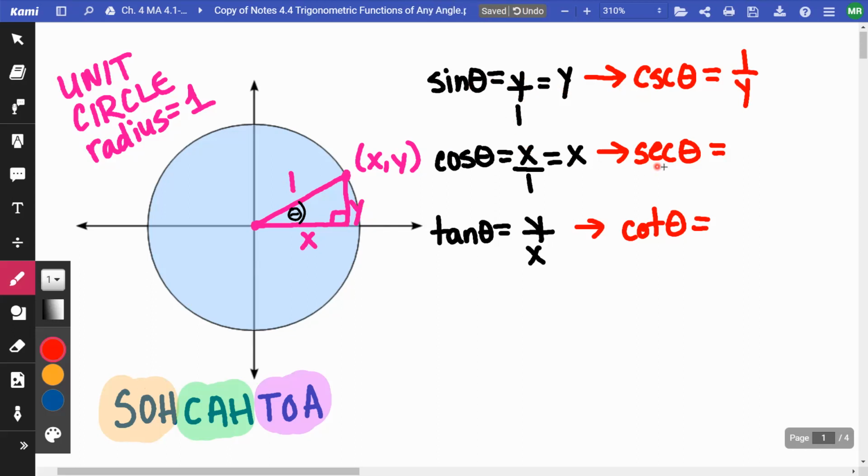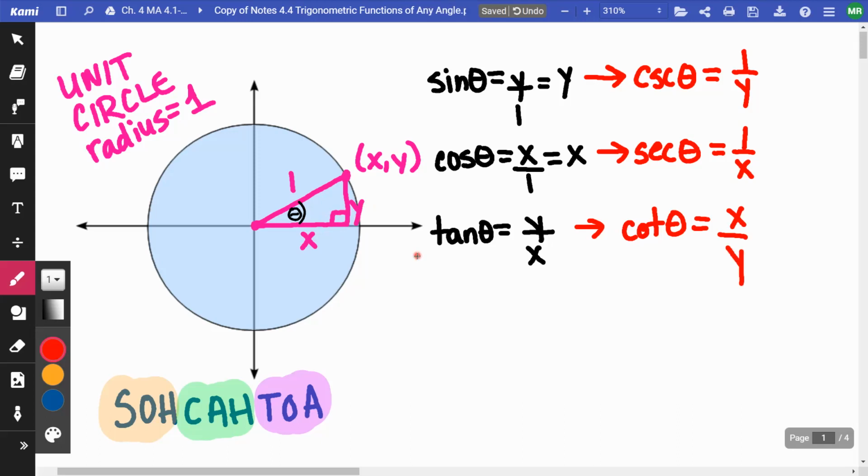My secant is going to be the reciprocal of my cosine, which is adjacent over hypotenuse. So now I go hypotenuse over adjacent, which is going to be 1 over x. For my tangent, again, opposite over adjacent, y over x. Cotangent's the reciprocal, so it's going to be adjacent over opposite, which is x over y.